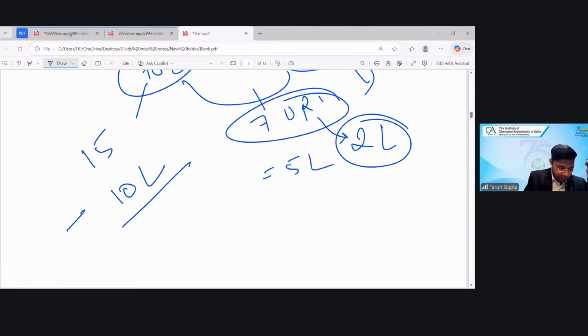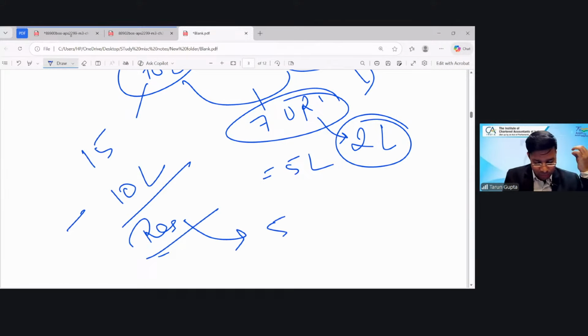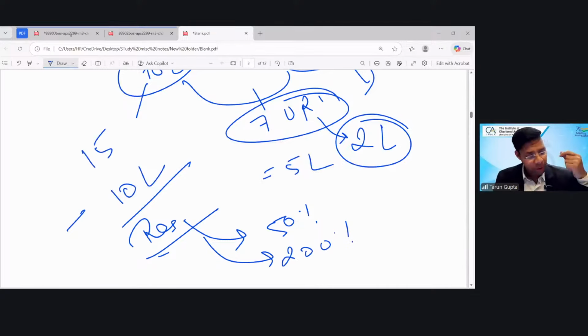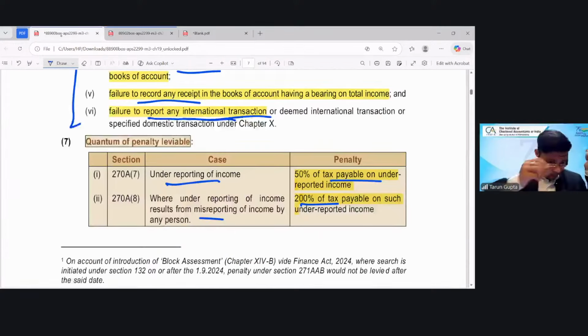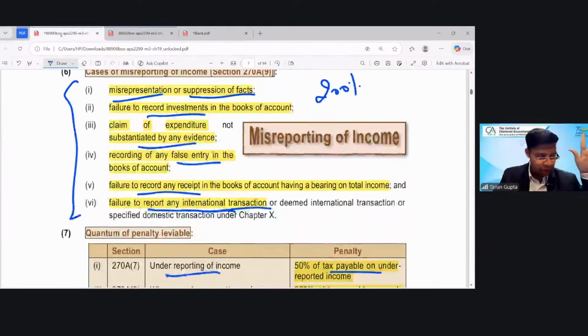The resultant difference is the amount of tax on underreported income, on which I will apply 50% or 200% as the case may be. 50% if it's a case of underreported income, 200% if it's a case of misreported income, meaning it falls under any of the 6 clauses which we just studied.